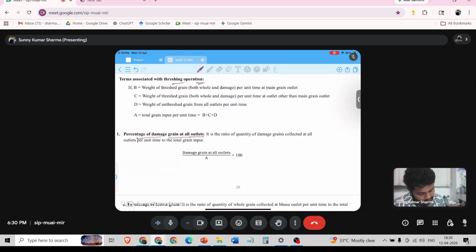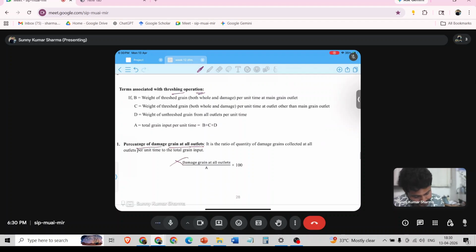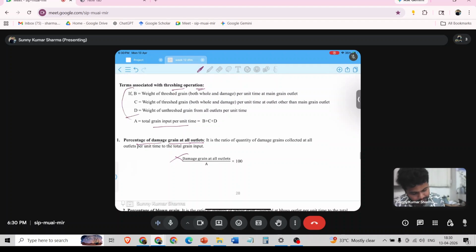For that, damaged grain should be weighed for all outlet, and this should be divided with total grain input, that is A, which is B plus C plus D. B is weight of threshed grain at main outlet, C is weight of threshed grain at outlet other than main outlet, and D is weight of unthreshed grain. So A will be sum of B plus C plus D. So damage percentage will be damage at all outlet by A.